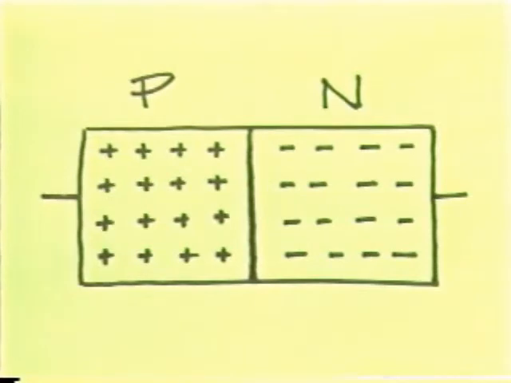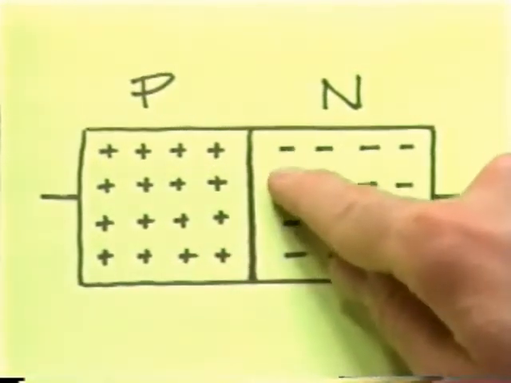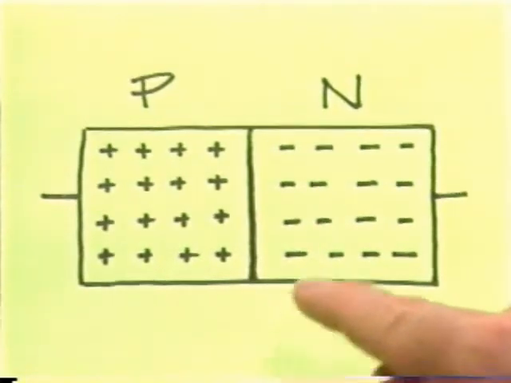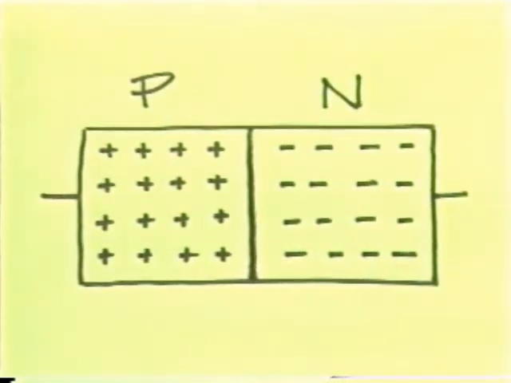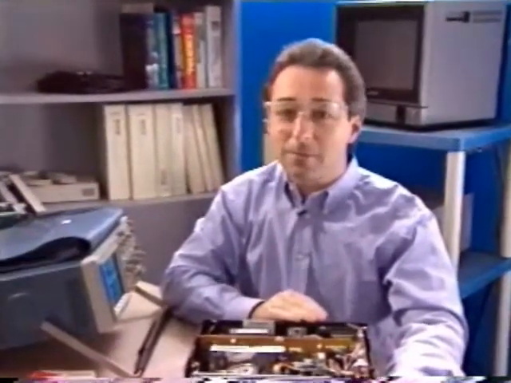At this moment, each atom has exactly the same number of positively charged protons and negatively charged electrons. This results in a neutral or balanced state. However, the diode remains this way only for an instant because something interesting happens at the junction as soon as it's formed. Let's examine an energy band schematic to see what happens.